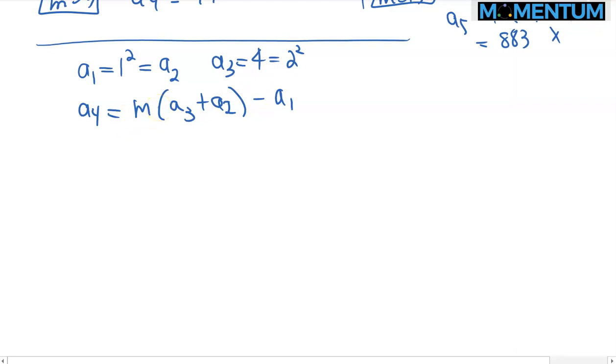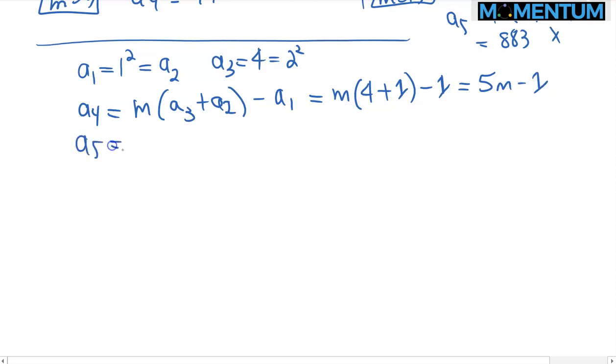A4 is given as such, and now what I can do is plug in the values for A3 and A2 in this formula. Let's quickly do that. So this is just m times A3, which is 4, plus A2, which is 1, minus A1, which is 1. So that's just 5m minus 1.